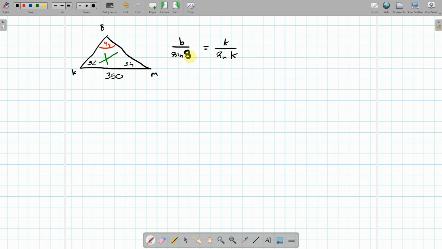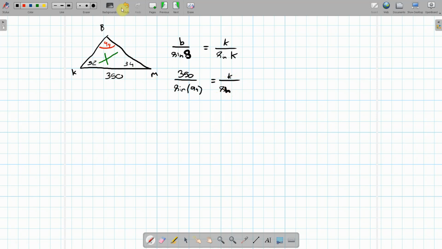Lowercase denotes lengths, uppercase denotes angles.